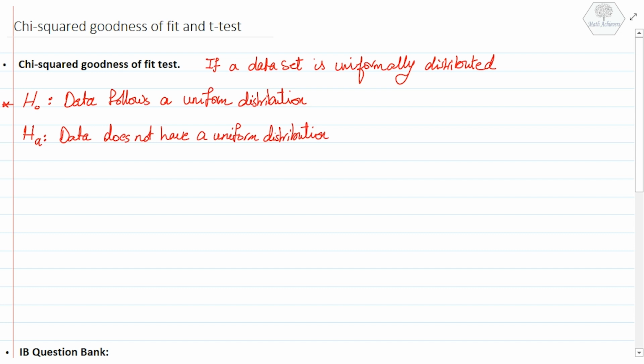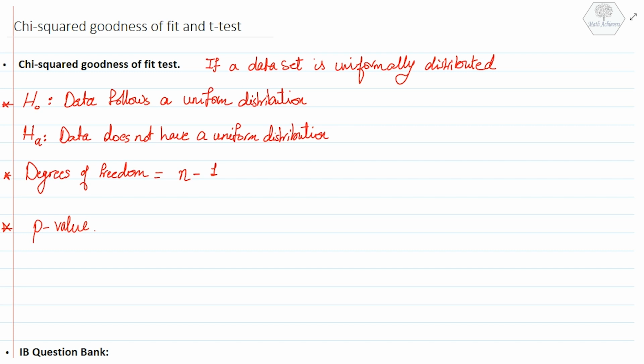For the chi-squared goodness of fit test, we have to know the degrees of freedom is always equal to n minus 1, the number of values minus 1. Also, we only need to find out the p-value.